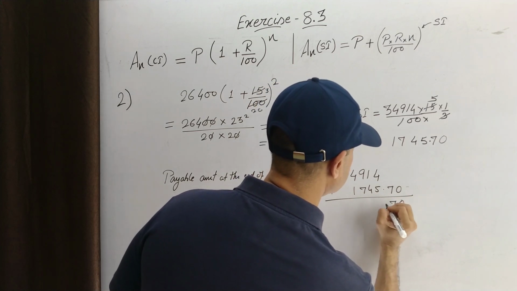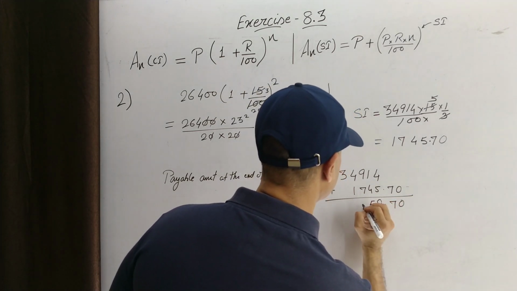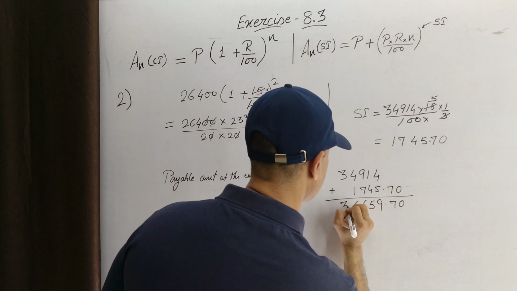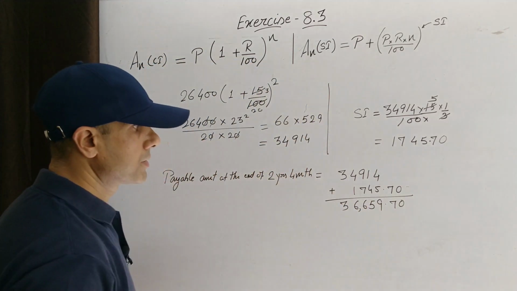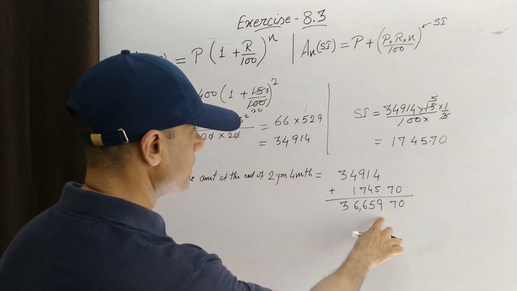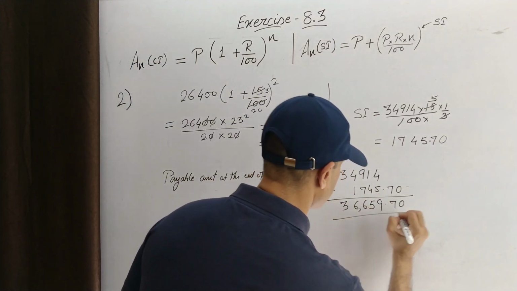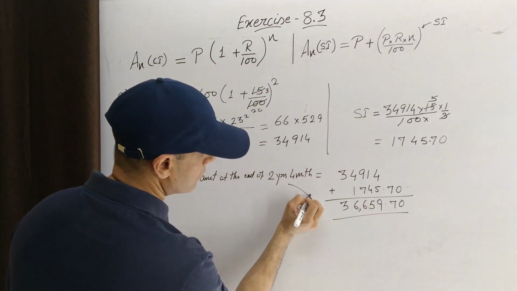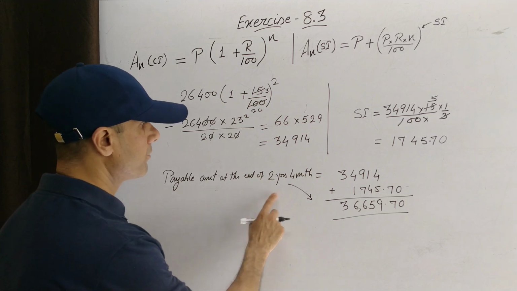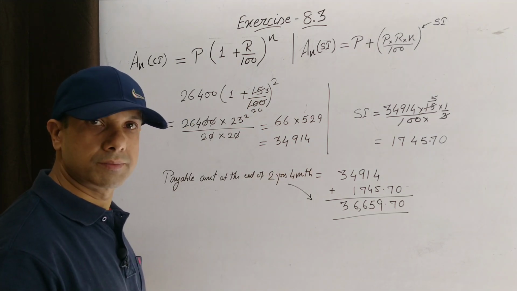This equals 36,659.70. So 36,659 rupees 70 paise is the amount to be paid by Kamla at the end of 2 years and 4 months. Clear?